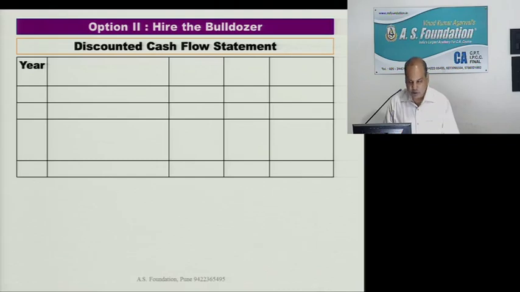What is the answer of the first case? Yes, madam, try. Present value at least you can compute.